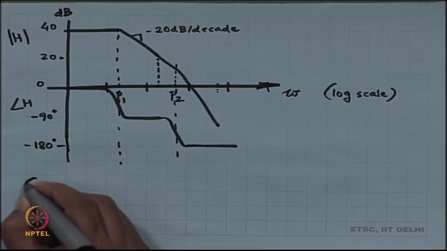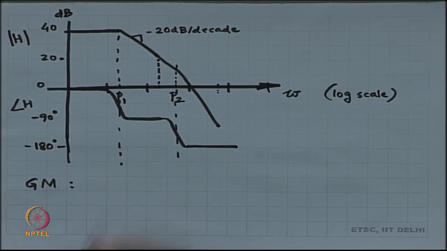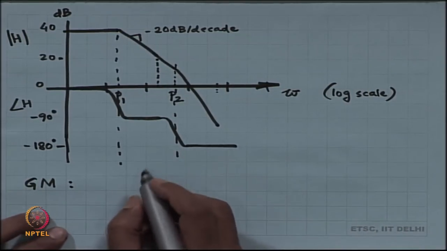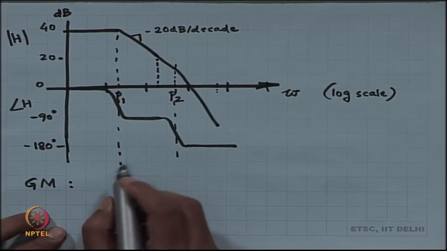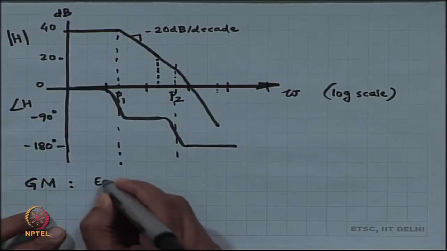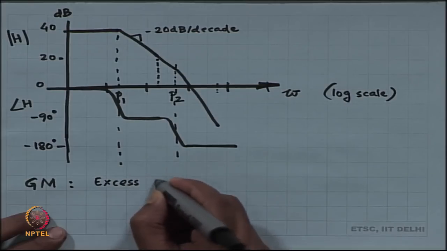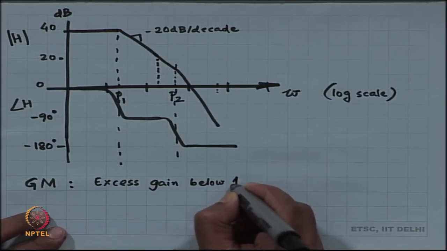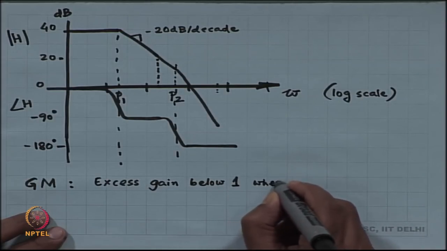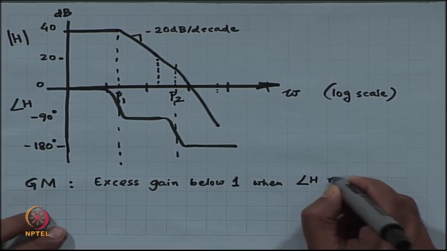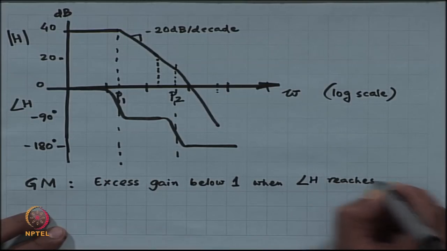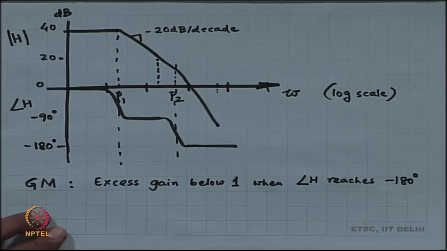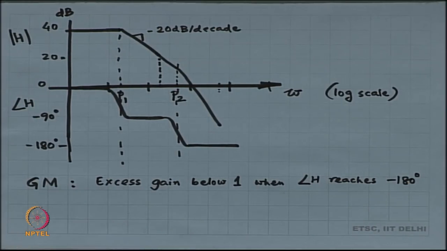So, gain margin is defined as the excess gain below 1 when angle H reaches, when the phase reaches minus 180 degrees. Excess gain below 1 means if it is 1 by 5, then the gain margin is 5.